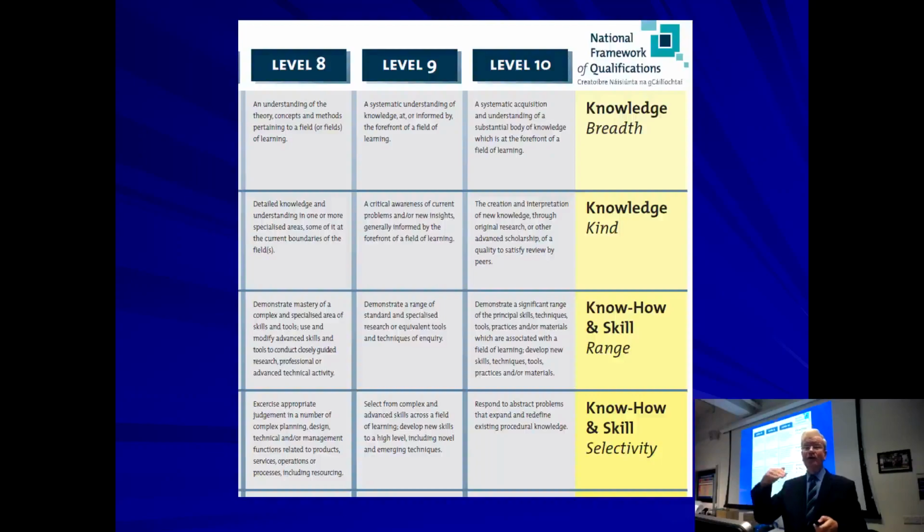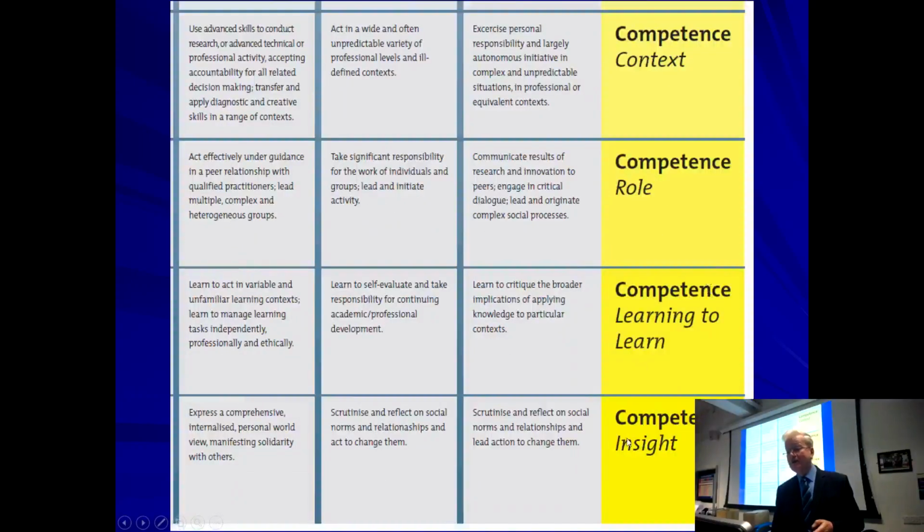So the mapping of your program learning outcomes from your level 8 degree onto these is not difficult because of the fact that these are so broadly based anyway. So they have 4 in terms of knowledge and know-how and skill. And they have 4 in terms of these competences, which are very vague statements.